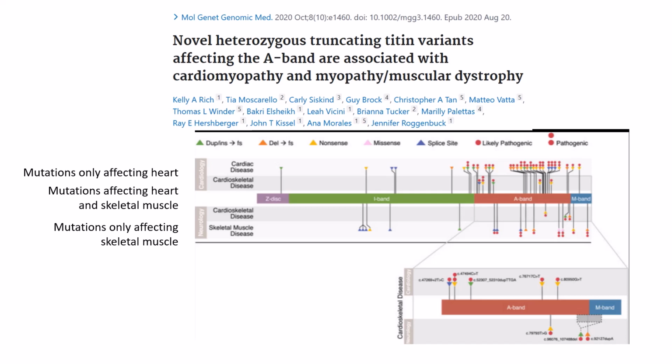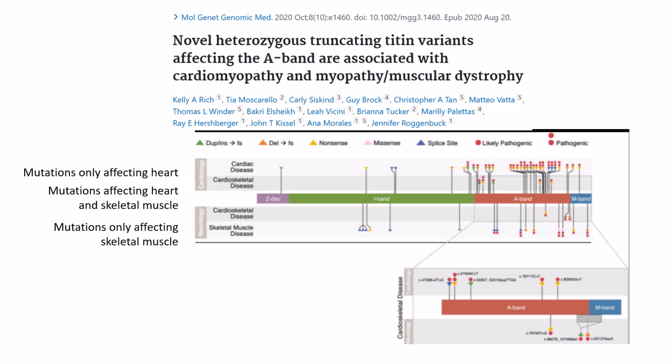Titin is kind of a major structural protein of both cardiac and skeletal muscle, although there are different versions of the protein in heart than in skeletal muscle, and depending on exactly which mutation a person has, they can have only their heart affected, only skeletal muscle affected, or both heart and skeletal muscle affected.